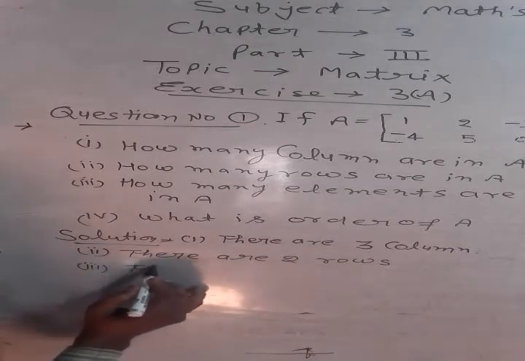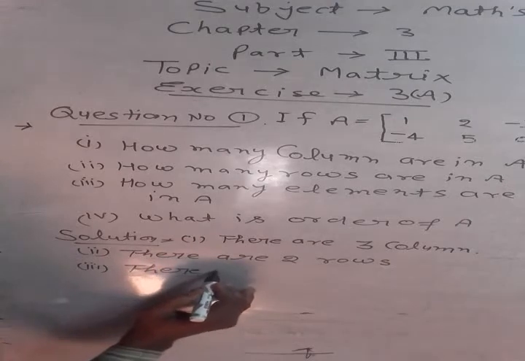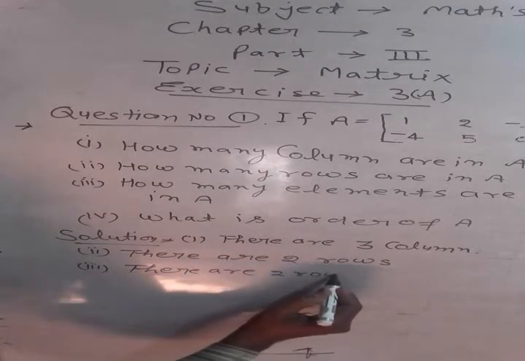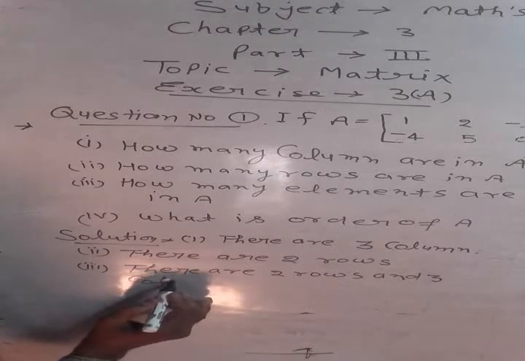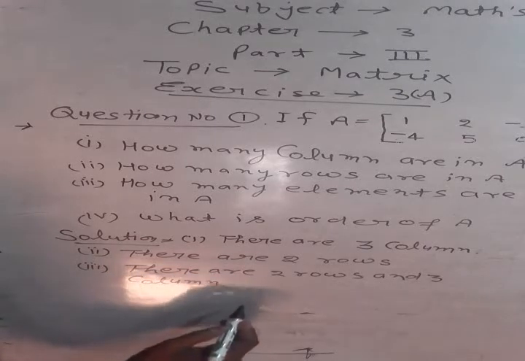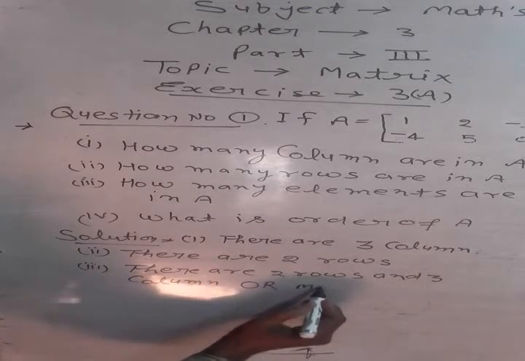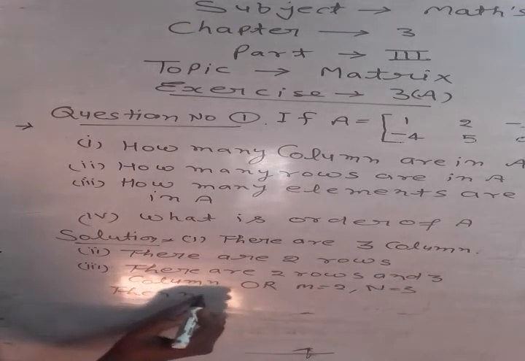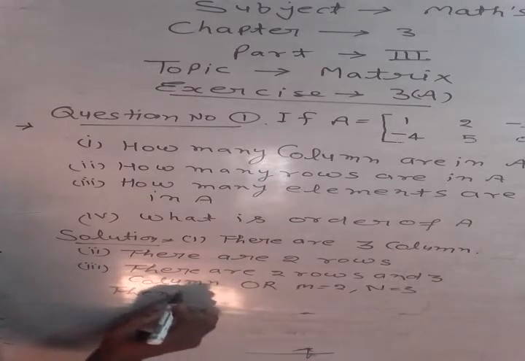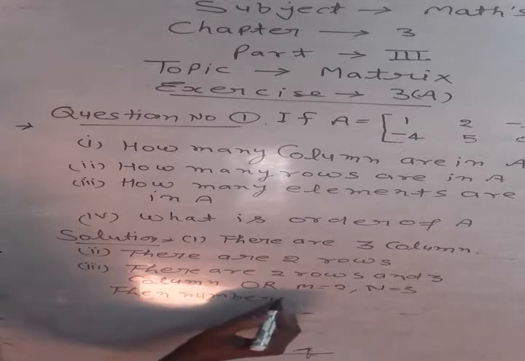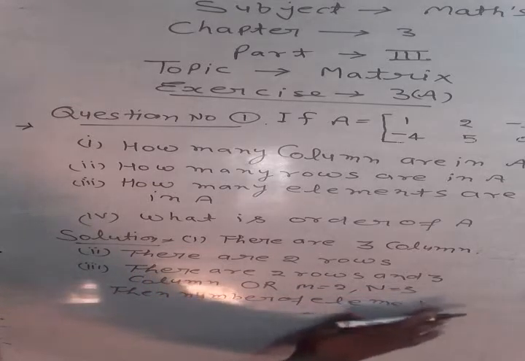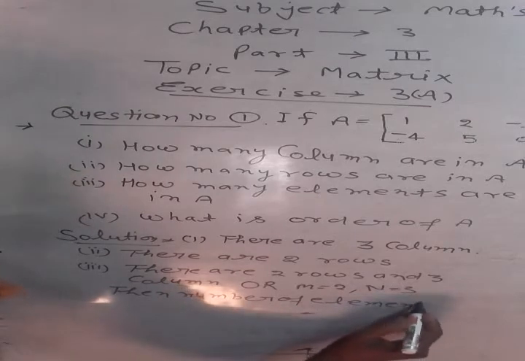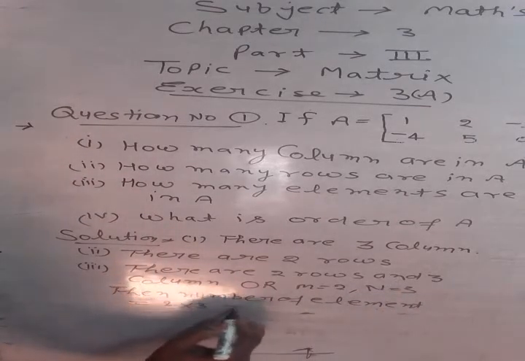There are 2 rows and 3 columns, so m equal to 2, n equal to 3, then the number of elements is 2 into 3 equal to 6.